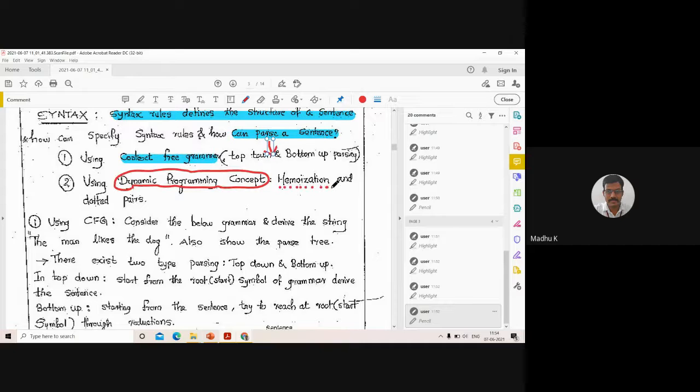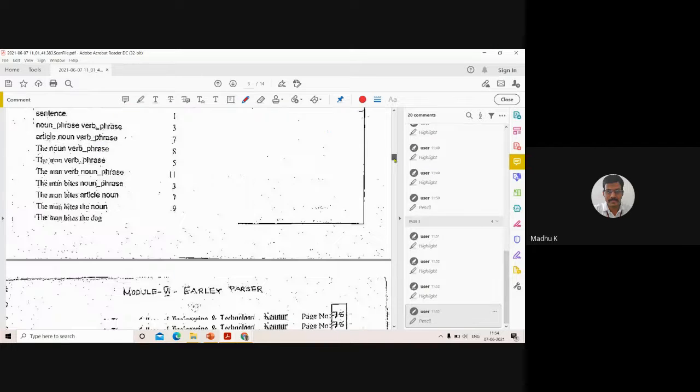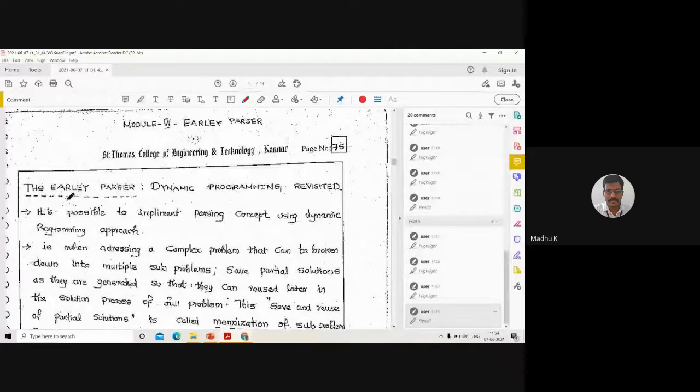In previous compiler design courses, you studied different parsers. Additionally, we can use a dynamic programming based parser, called the memoization and dotted pair parser, or the Earley parser. We want to discuss that in the next session. You can note here: Earley parser.